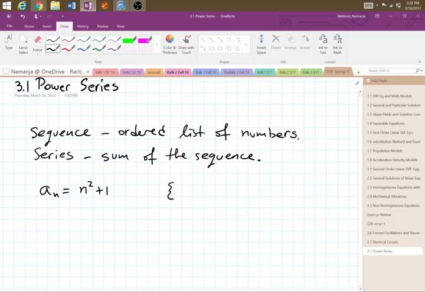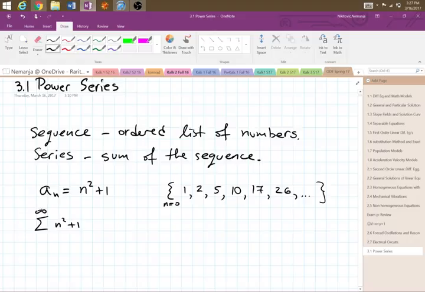If n starts at 0, it's 1, and then 2, and then 5, 10, 17, 26, and so on. So this would be the sequence of these numbers.